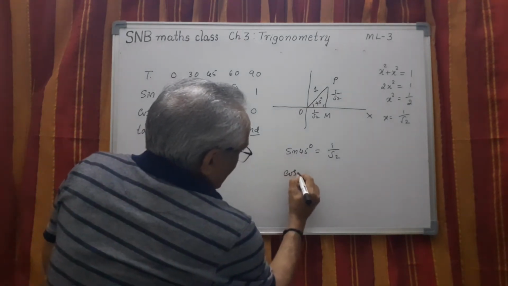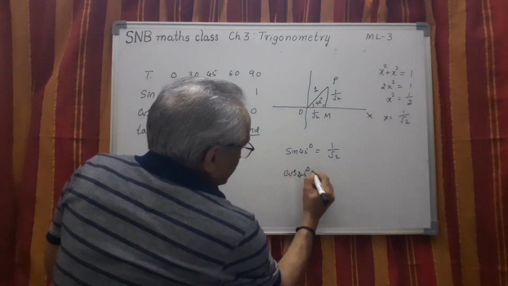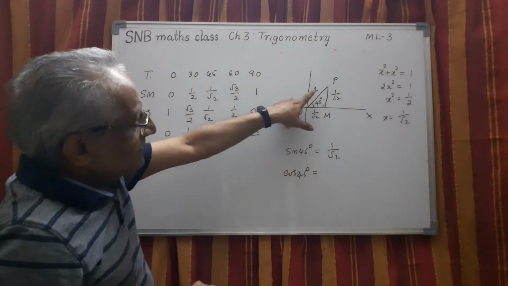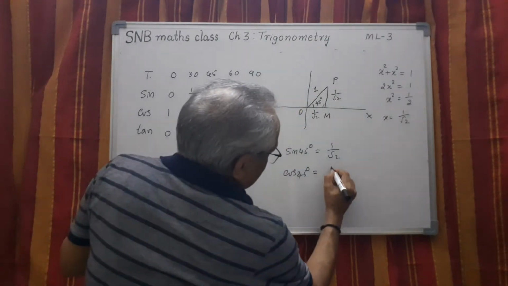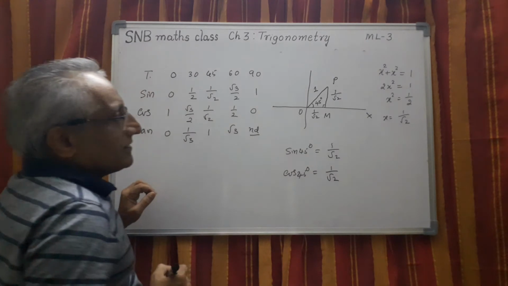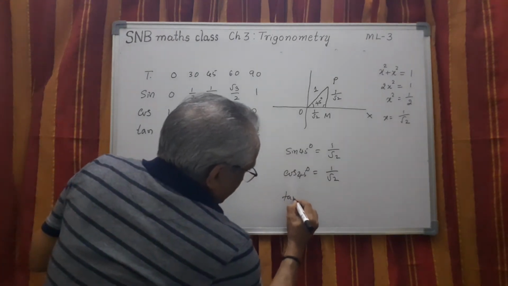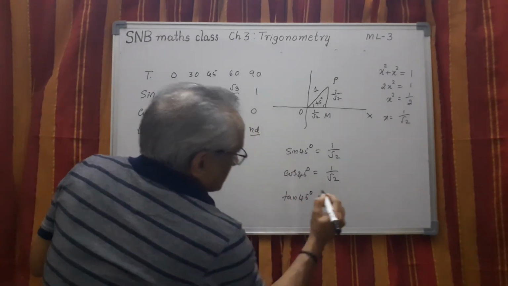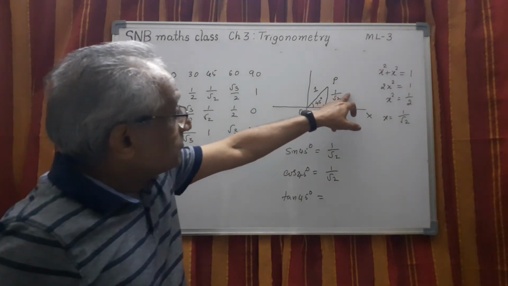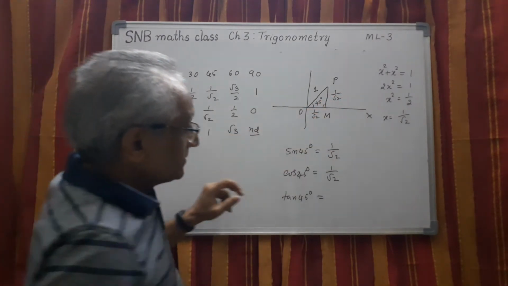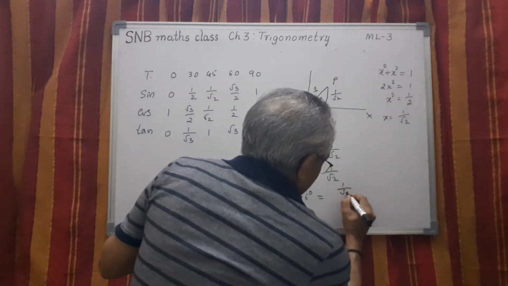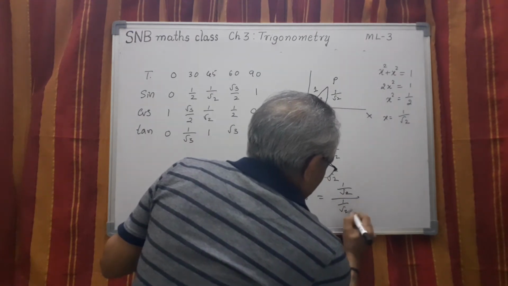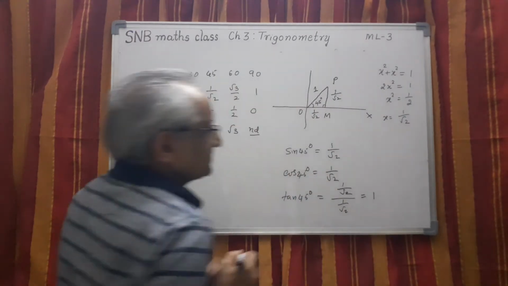Similarly, cos 45 degree, once again adjacent by hypotenuse, so once again it is 1 by root 2. What is tan 45 degree? Opposite by adjacent. So it is 1 by root 2 over 1 by root 2, so 1.